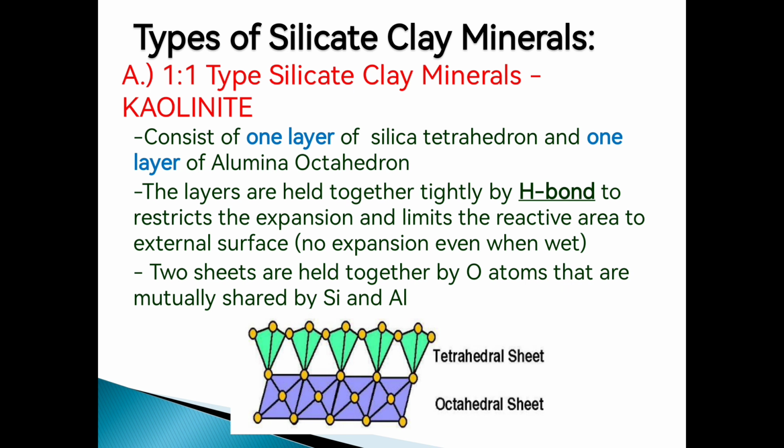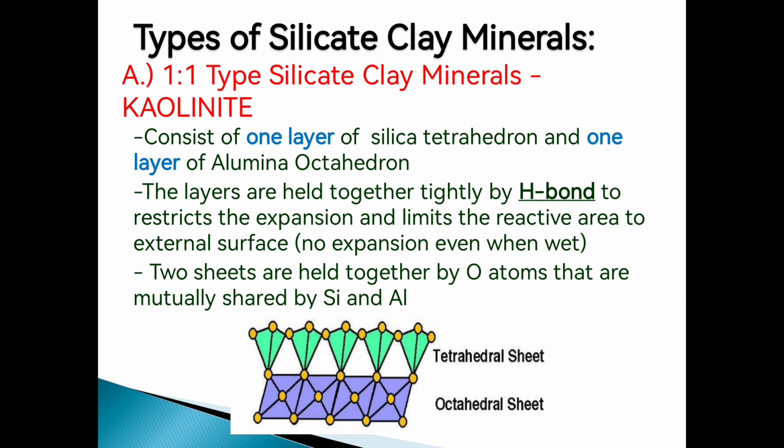Kaya kahit pa mabasayan ng tubig, it will not expand. And it limits the reactive area to external surface. So, hindi basta makapapasok yung other elements or other ions because it is protected by the hydrogen bond. There will be no substitution of ions or ion exchange because of the hydrogen bond that is present between the two layers.